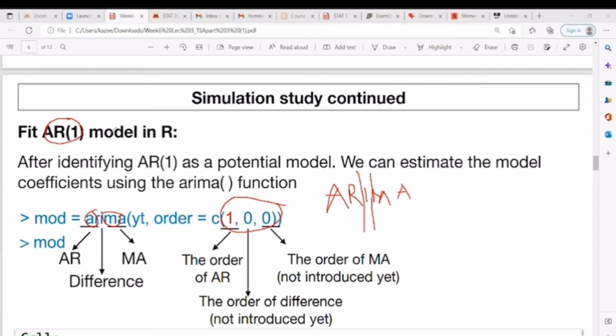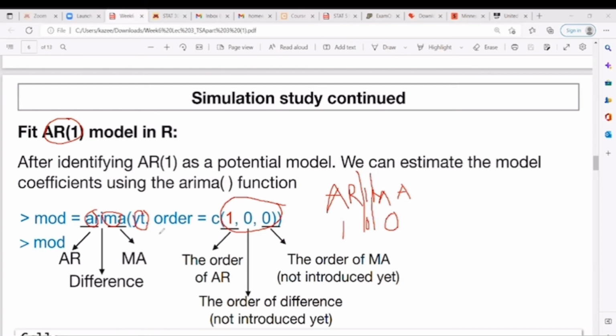So if I want to talk about AR1, it means AR is 1, differencing is 0, and I'm not considering moving average. That's why you see 1, 0, 0. Y_t is my data set, the time series data. I just wanted you to take note of that.